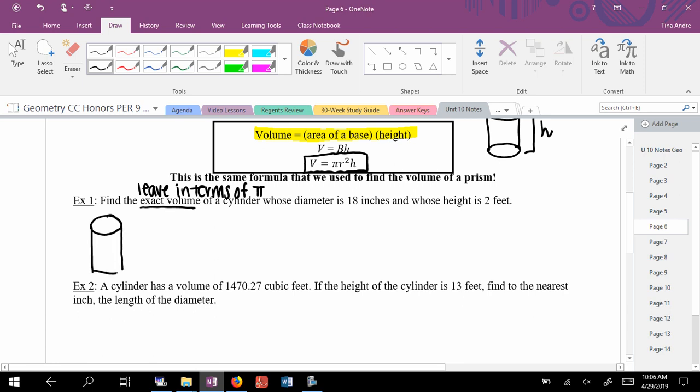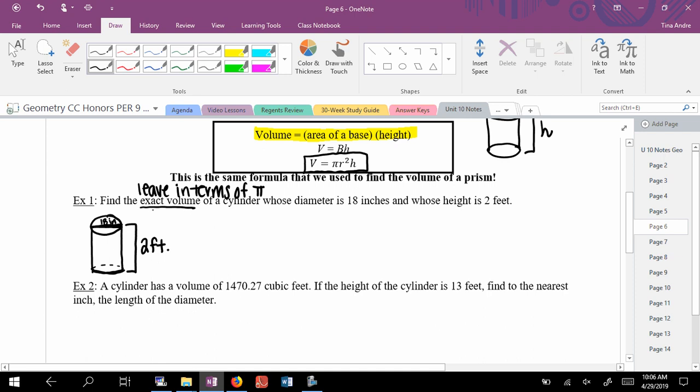The first thing I want to do is draw a picture of my cylinder here. I know that the diameter, so the entire length across, is 18 inches, and the height is 2 feet. Right away, I'm noticing that my units are different.